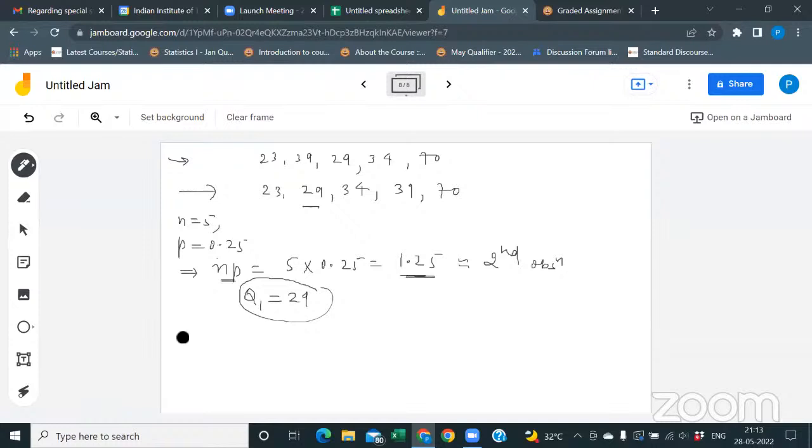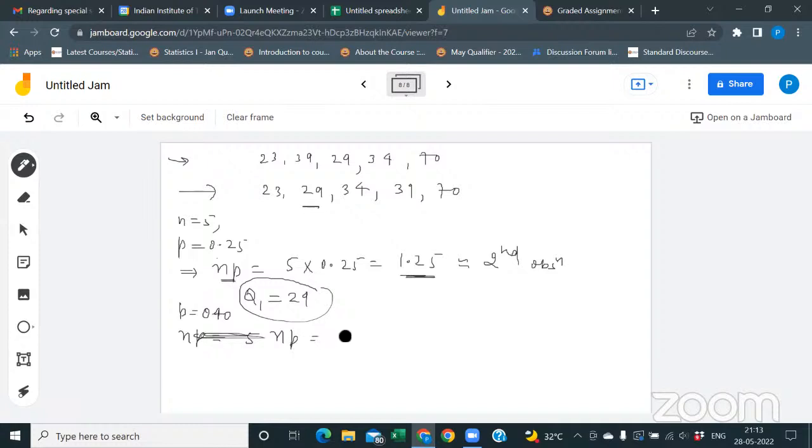Whenever the value of NP is an integer, in that case we have to take the average of the nth and (n plus 1)th observations. Suppose, for example, your P is 0.40, meaning the 40th percentile.